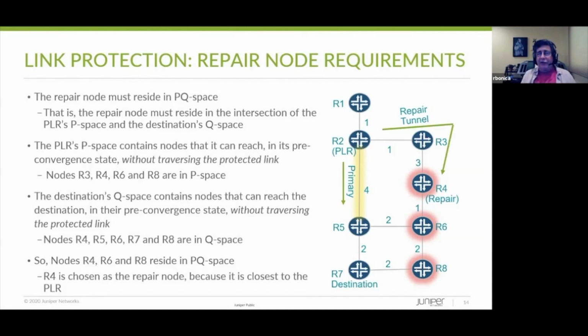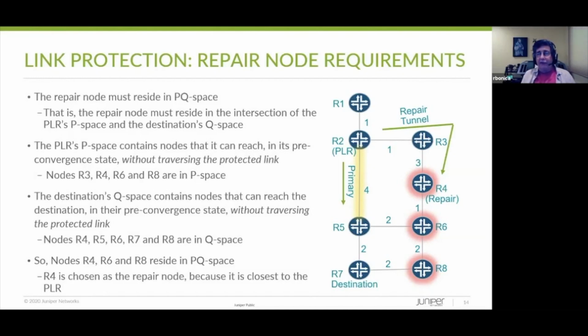The destination's Q space contains the nodes that can reach the destination in their pre-convergence state without traversing the protected link. And in that space, we have R5, R4, R6, R7, and R8. You'll see that R3 isn't in that space. If the destination wanted to reach R3, it would go through the protected link.